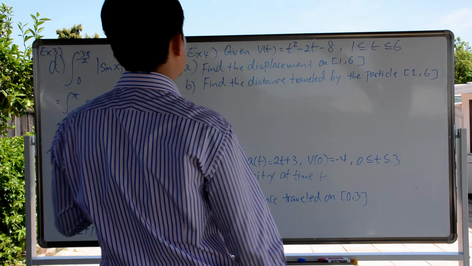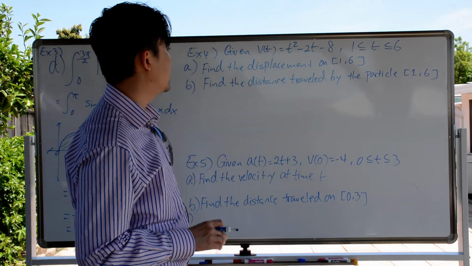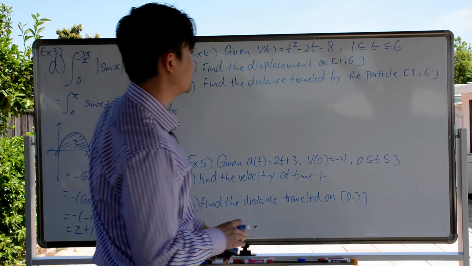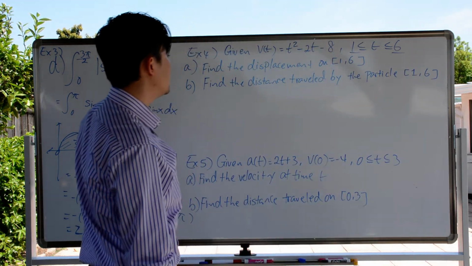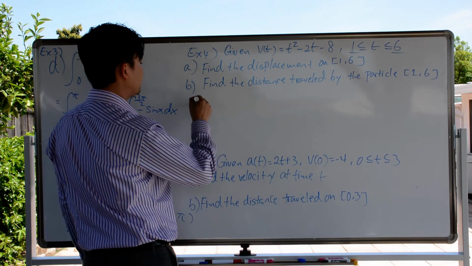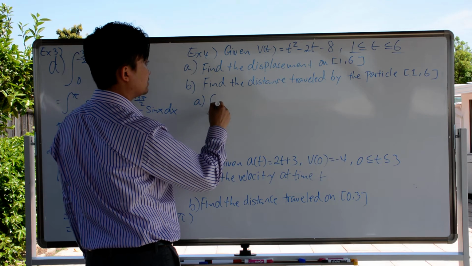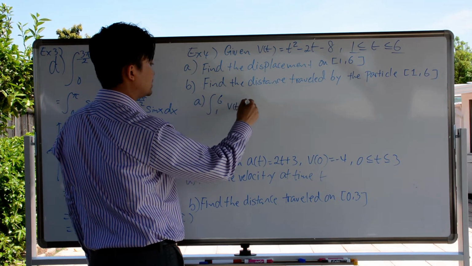Okay, so the next one, find the displacement. Given that v of t is the velocity of the particle, and the time is from 1 to 6 seconds. So find the displacement. That means we want to find out the final position. For a, basically just the integral from 1 to 6 of v of t dt.